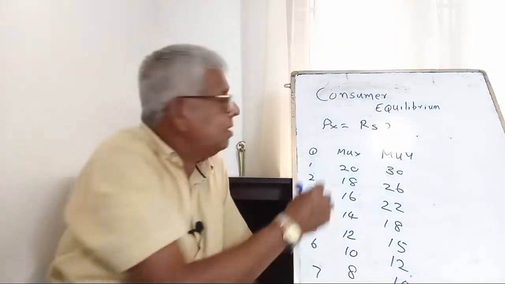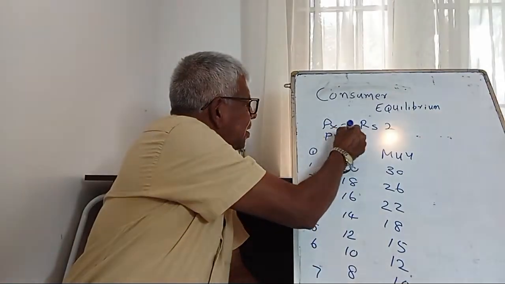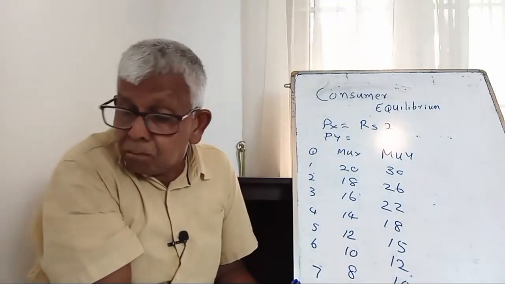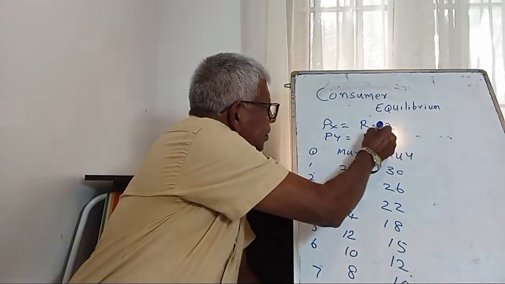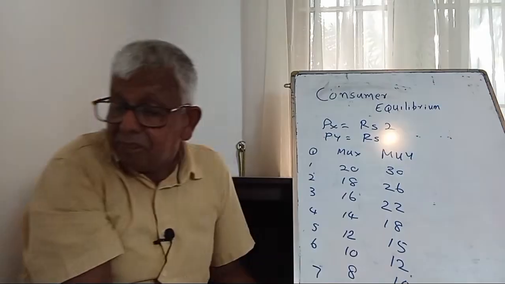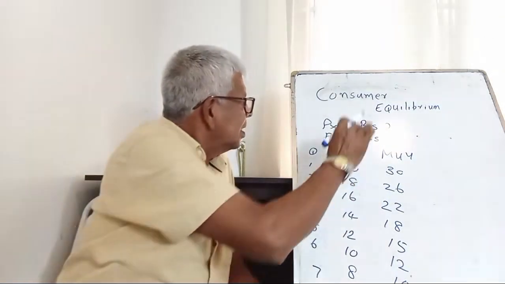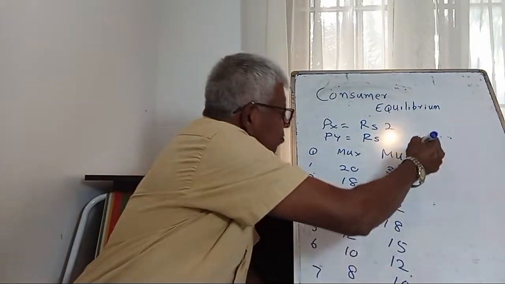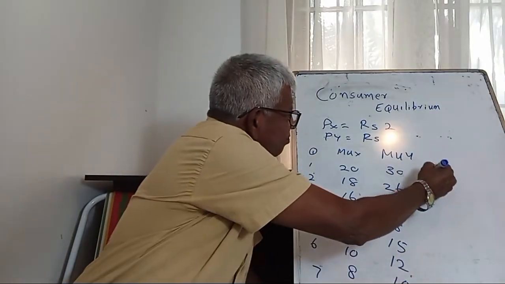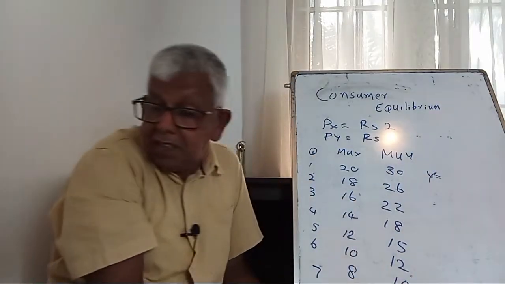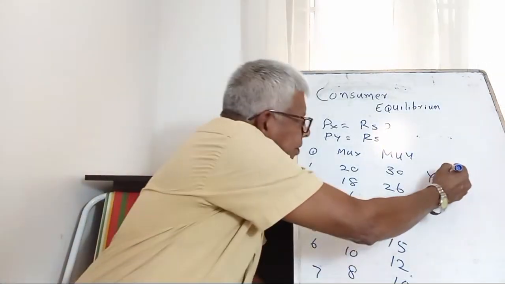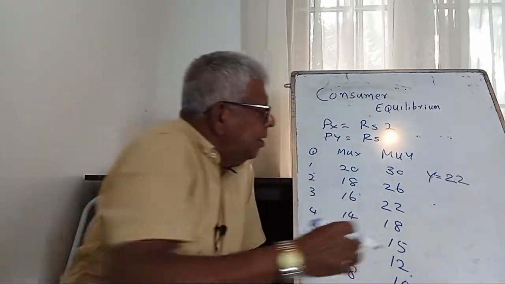Price of Y, Py equals 3 rupees. And consumer income equals 22 rupees.